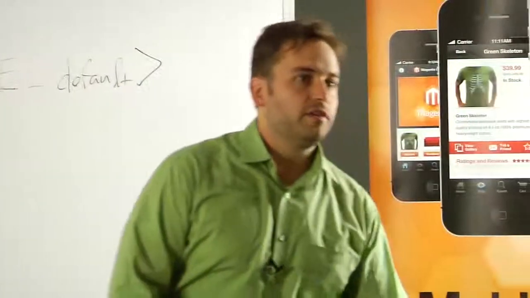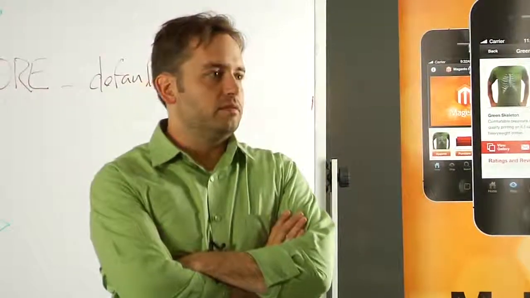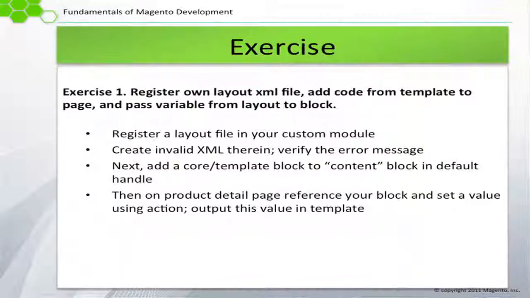Okay, so now we're going to start adding layout information for our module. If we have a custom module and we need to get at the layout in the system, this is how you do it. So the first step is registering a layout file in our custom module. We have a slide that shows us how to do this. Way back here.